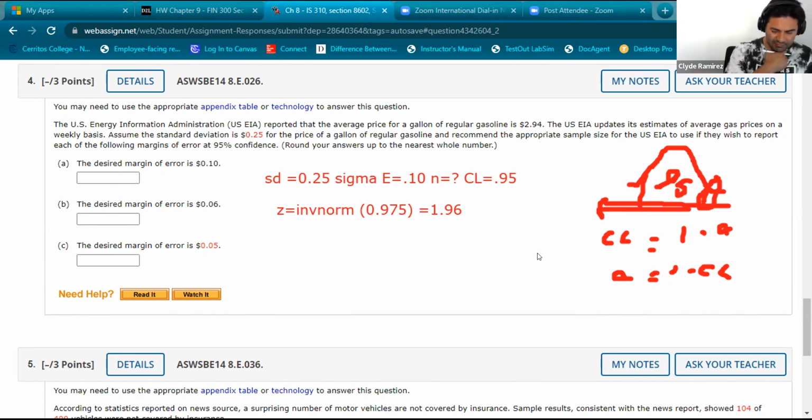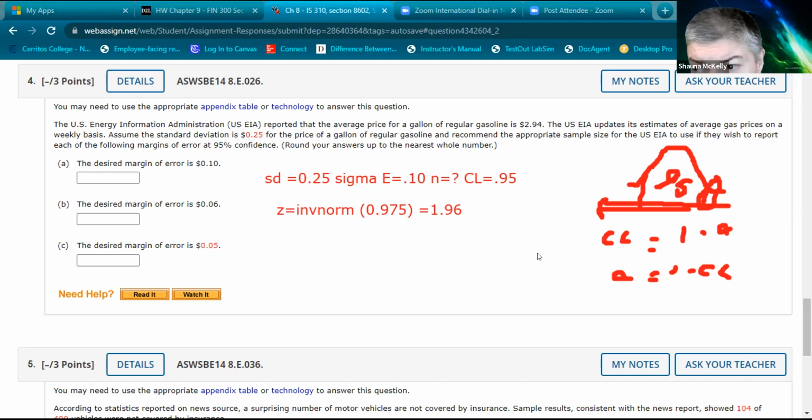Okay, Shauna. And then 95, so what I said is that the area to the left is 0.025 plus 0.95, which is 0.975.